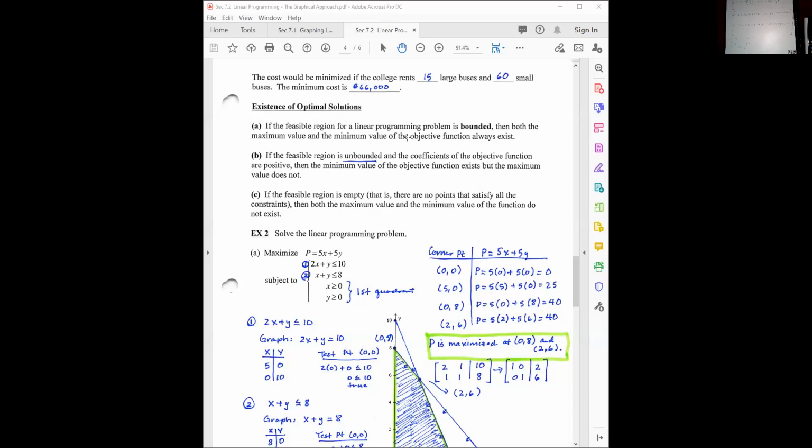So in other words, if all of the constraints create a little section, then you are guaranteed a maximum and a minimum automatically. Now, if the region is not bounded, meaning it's not closed off and it just kind of goes on forever, then there is a minimum, but there is no maximum because it just keeps growing.